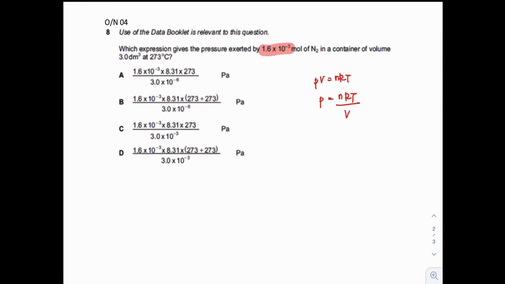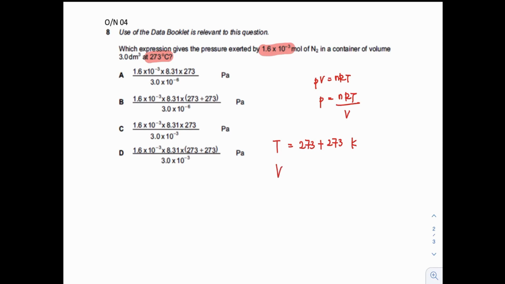which is this. R is a constant and the temperature is in a non-standard expression. So the standard expression should be in Kelvin. So in order to change the temperature to this absolute temperature, we must add 273 in order to change it to Kelvin.